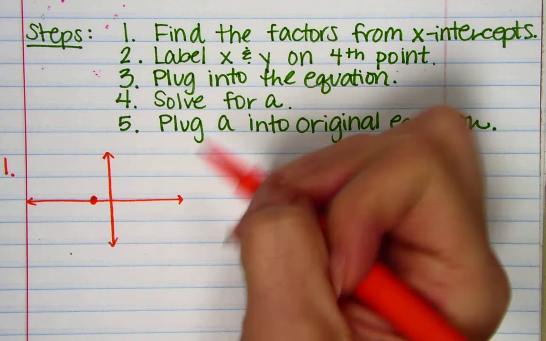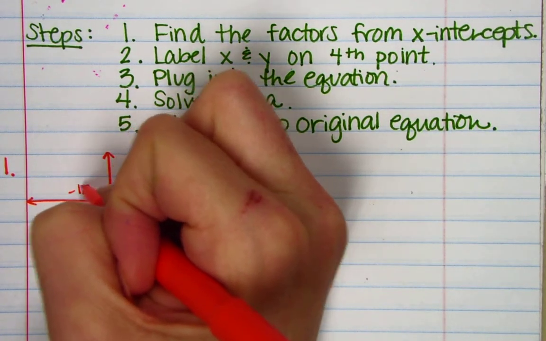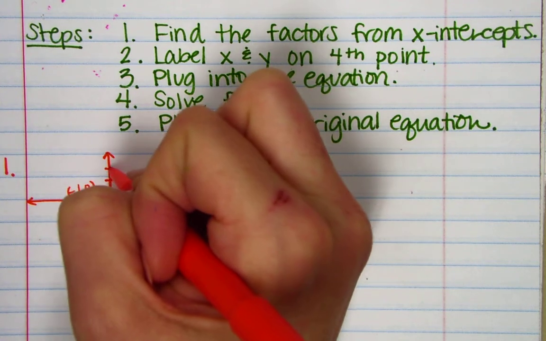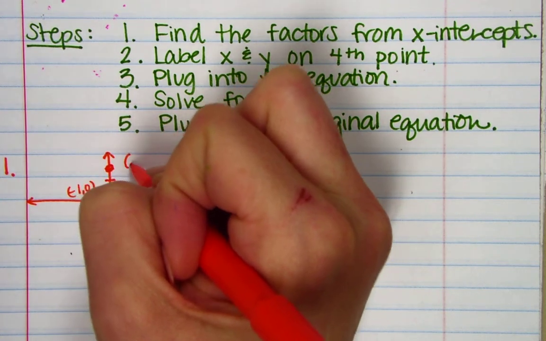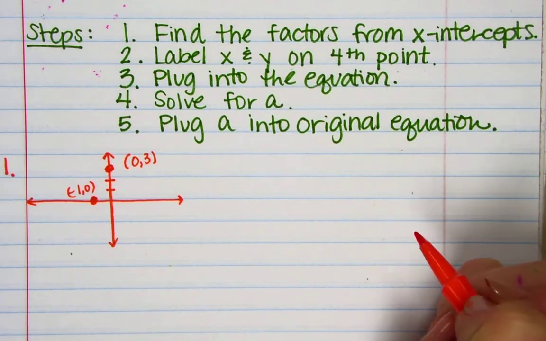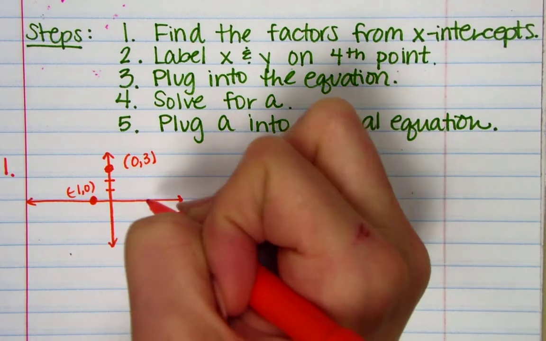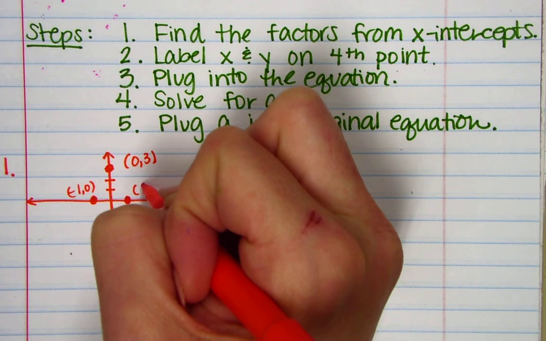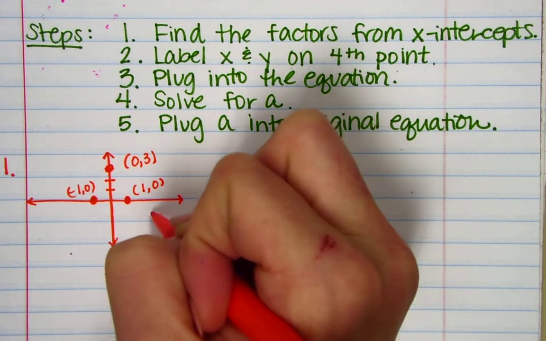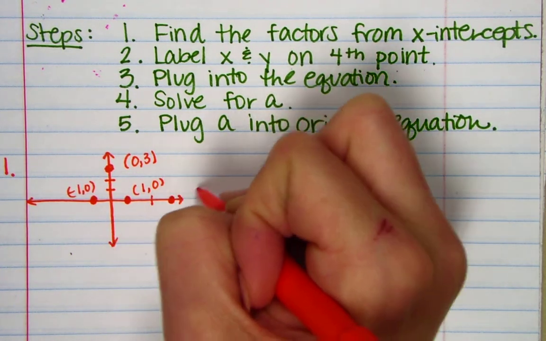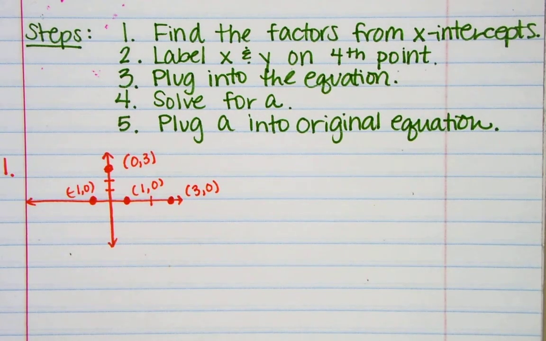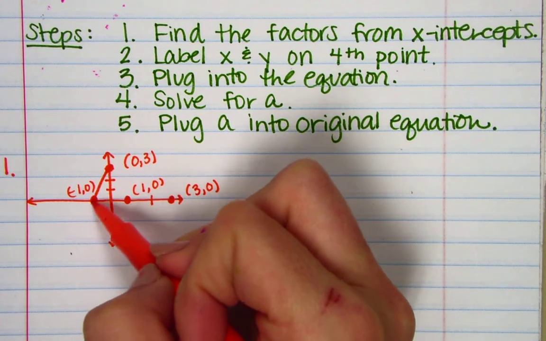Okay, this point is important. -1, 0. Zero, 3. This point is important. +1, 0. And this point, 3, 0. Okay, and then I'm going to connect my graph.